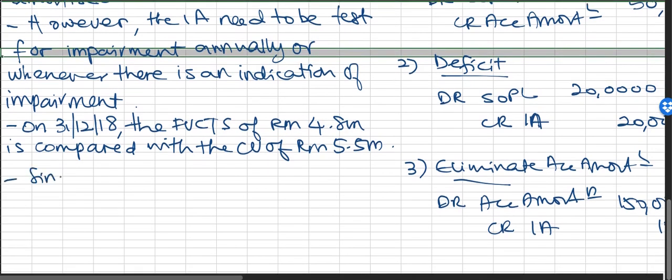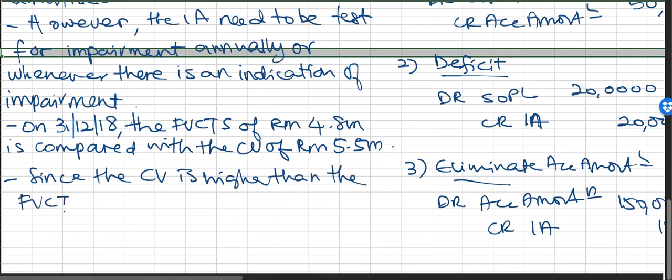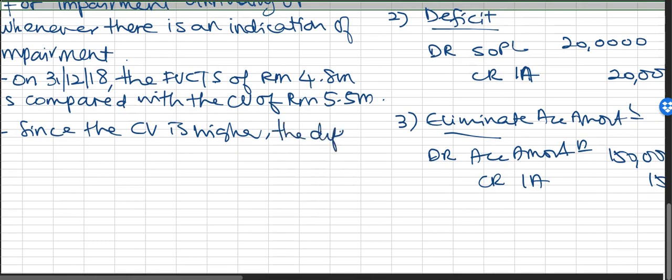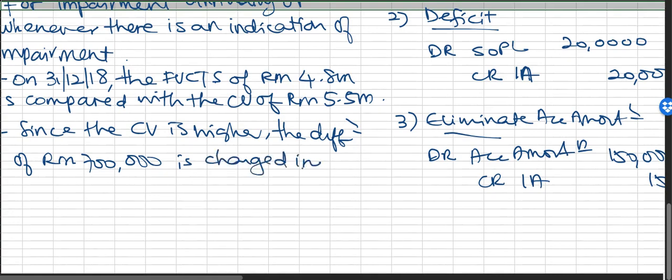Since the carrying value is higher, the difference of RM 700,000 is charged as impairment loss in the SOPL.